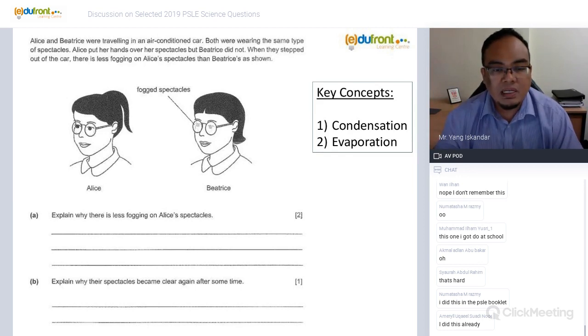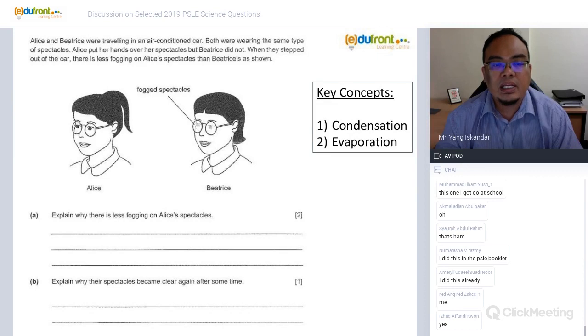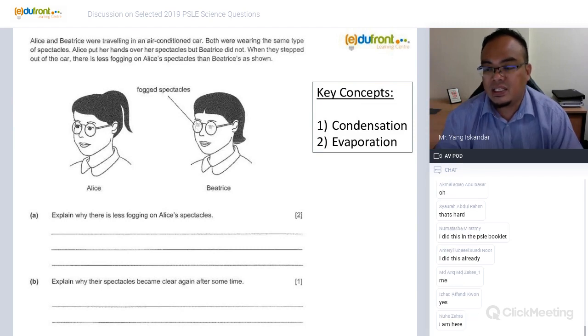Sometimes early in the morning when I want to get out of my car, especially when the weather is quite cold and the car is air conditioned, or out from the bus, you notice that your spectacles are fogging.